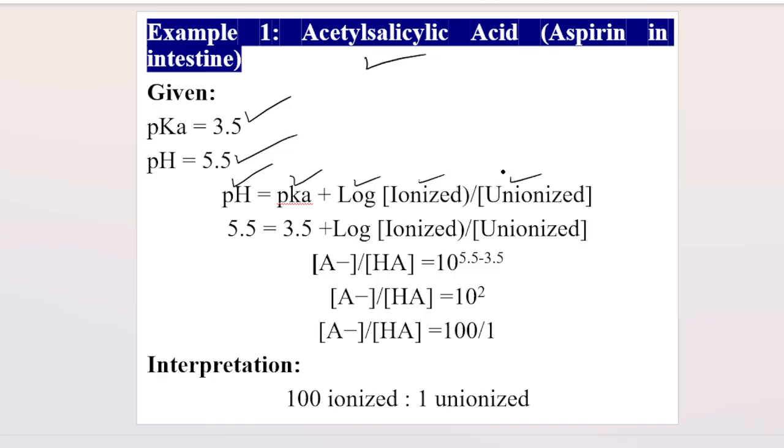This is the simple formula, and we know that the pH is equal to 5.5, the pKa is equal to 3.5, and then log of ionized over unionized species.